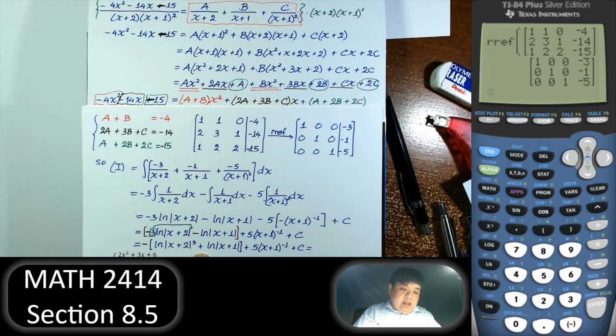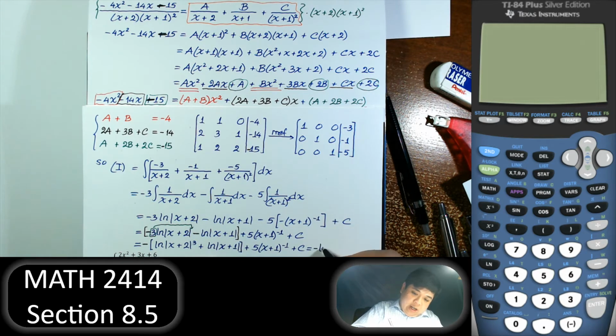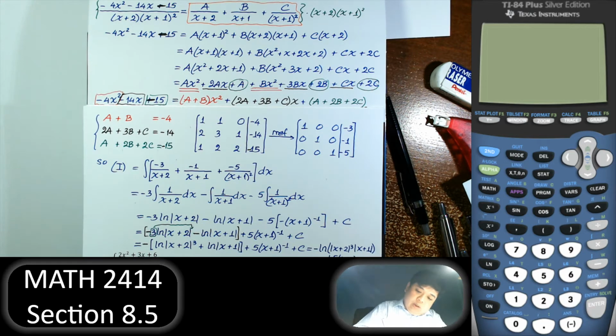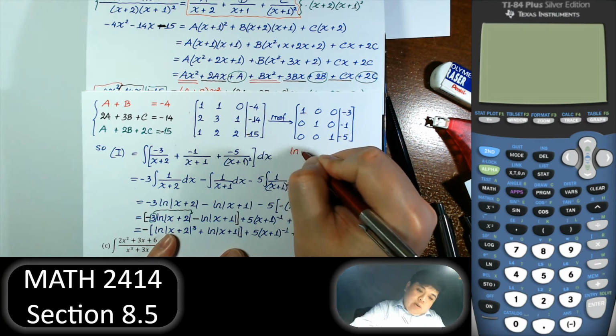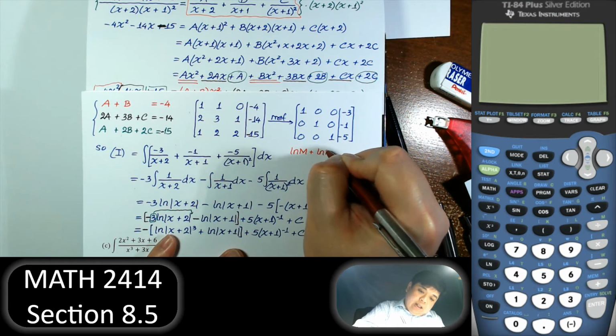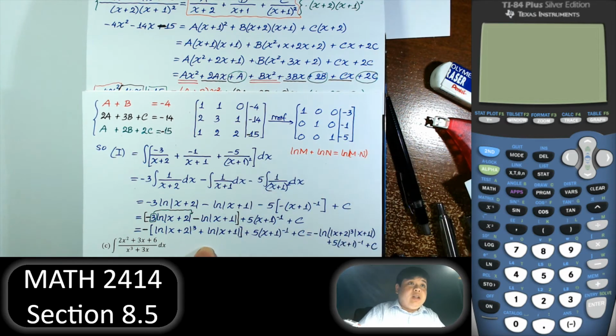The sum of ln is the ln of the product, so we can write ln of x plus 2 cubed times x plus 1, and then plus 5 over x plus 1 to negative 1, plus c. We can write it like that because of the property ln m plus ln n is ln of m times n, and we use that property here.